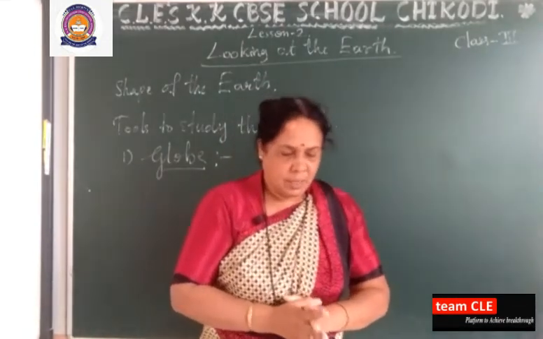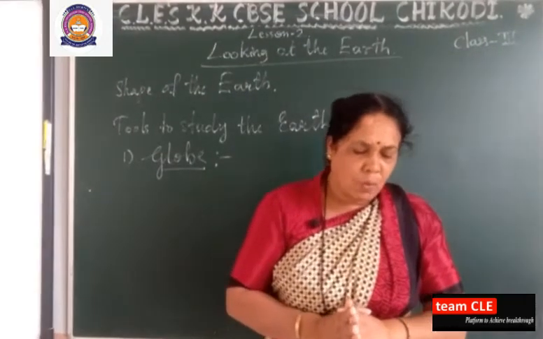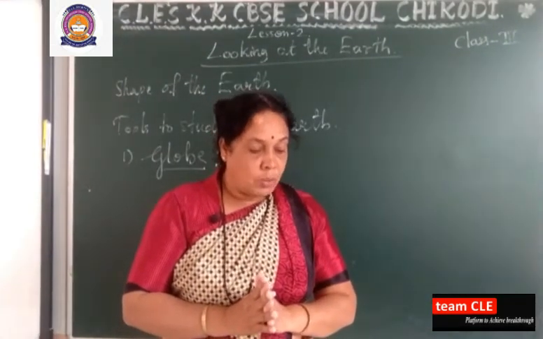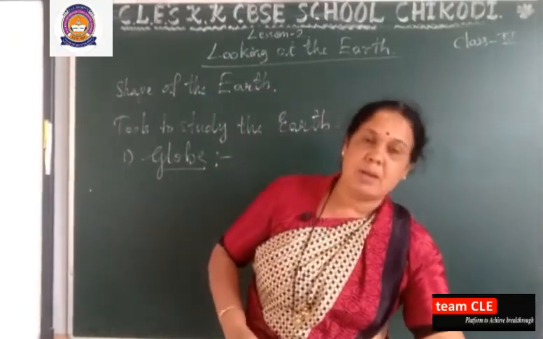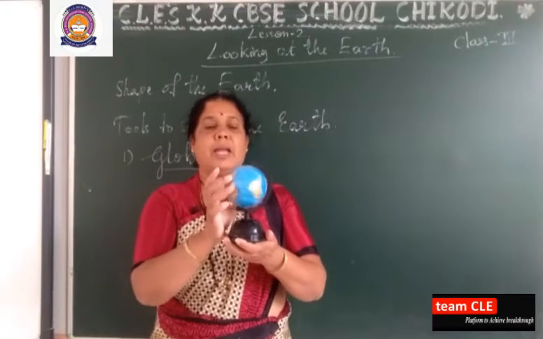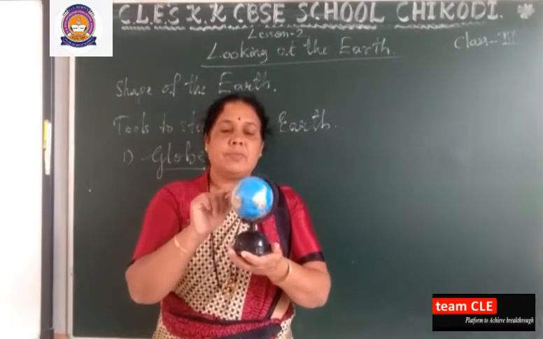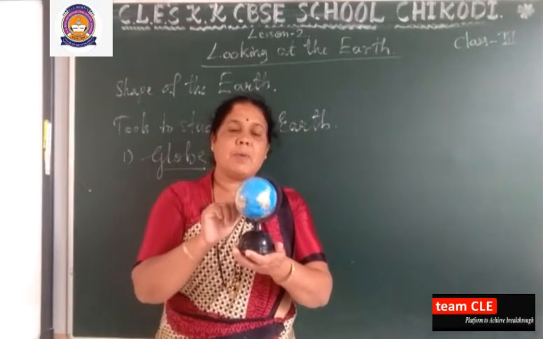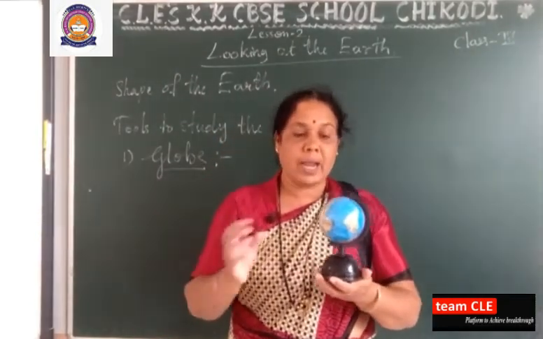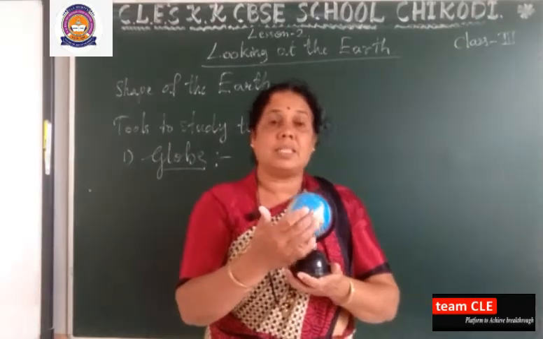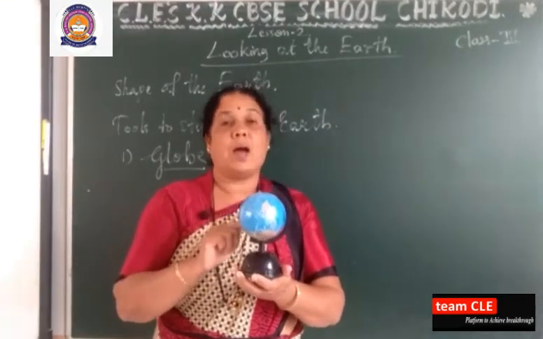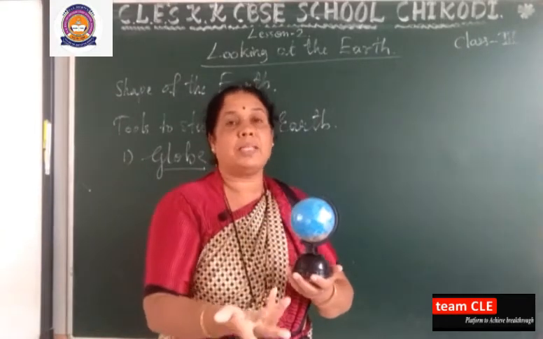We will see here. Dear student, we can only see half of the earth at a time on the globe. Just see, I want to study India. Whenever I am studying India, this part cannot be seen. If I want to see this other part of the earth, I have to rotate the globe, and then this part is hidden.